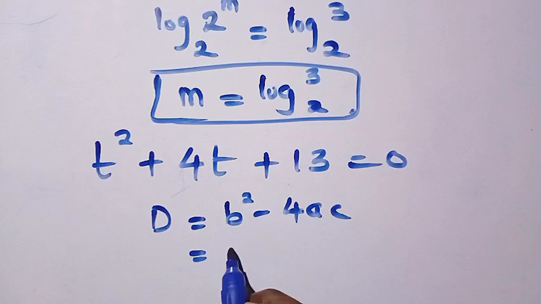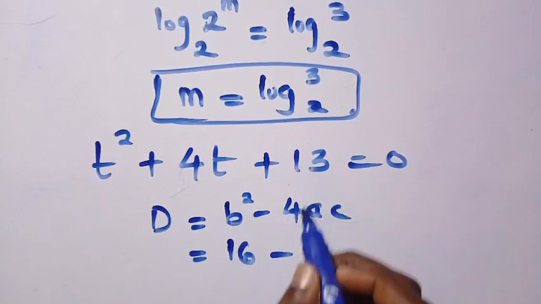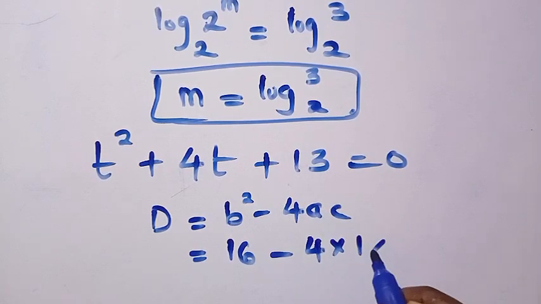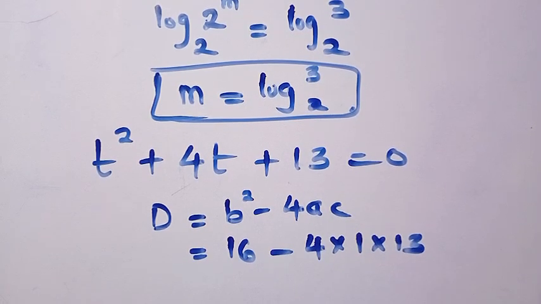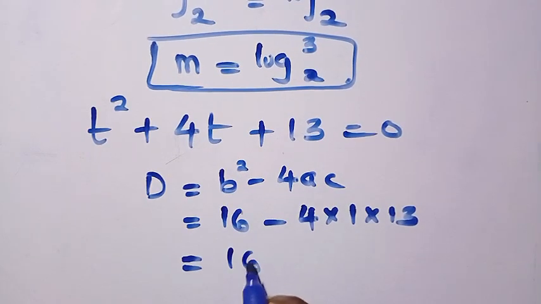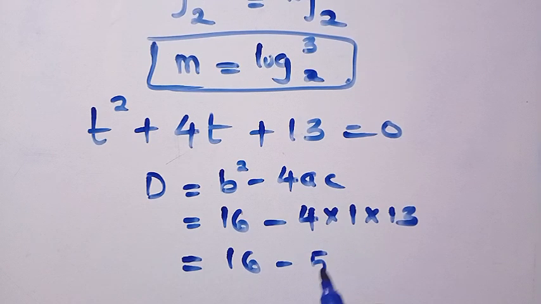Here b is 4, so that is 16, minus 4 multiplied by 1 multiplied by 13, since a is 1 and c is 13. So 16 minus 4 multiplied by 13 gives us 52 subtracted, and we see that it is less than 0. Therefore, I'm going to ignore this one.